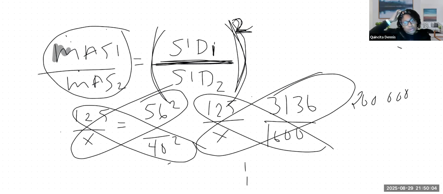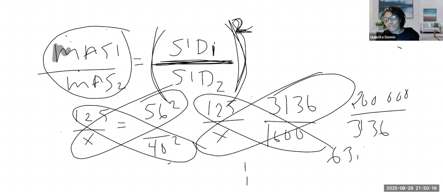Okay, so 200,000 divided by 3136, that gives you 63.77. So we're talking about approximately 64 mass. All right, the next one.